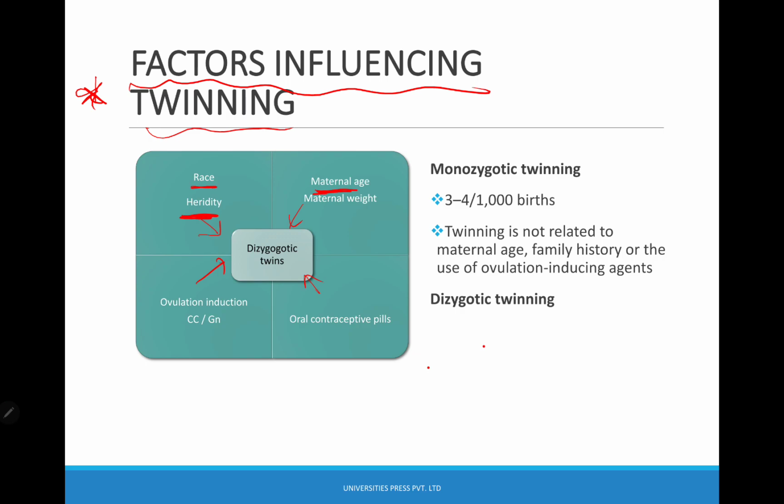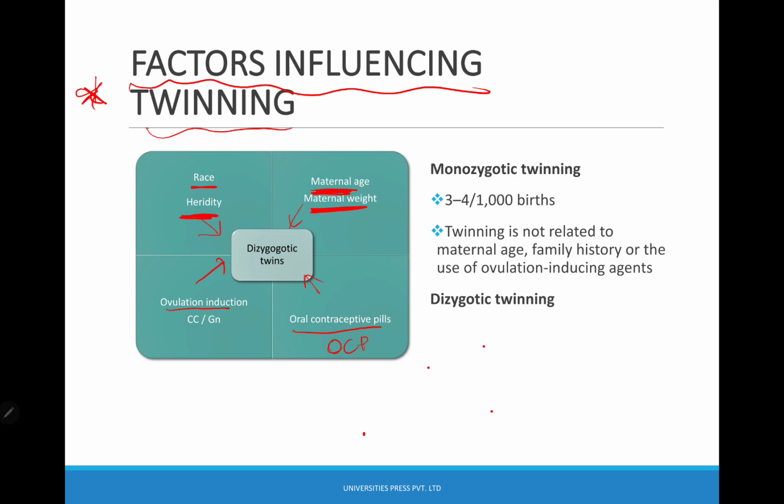Then maternal age plays a role, maternal weight, ovulation induction, or OCPs. So race, heredity, maternal age, maternal weight, ovulation induction, and OCPs. These are all the factors influencing twinning.